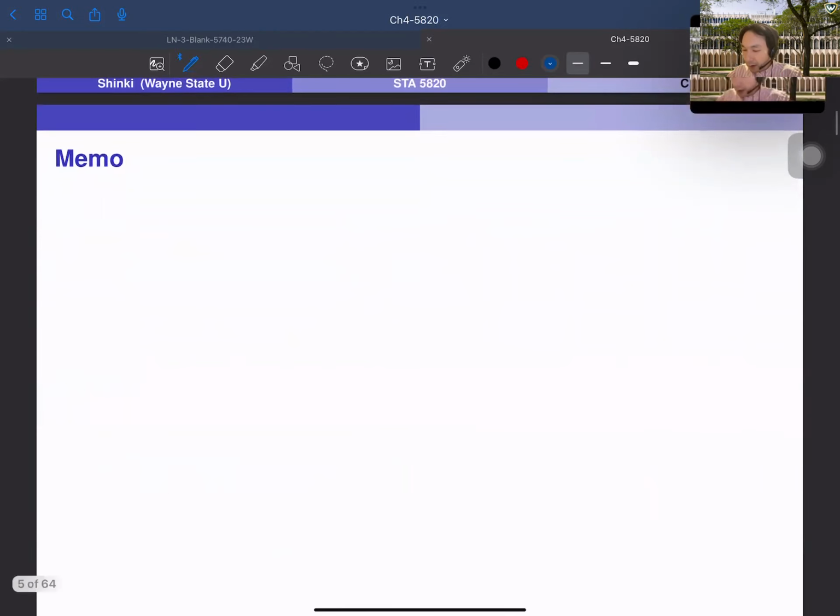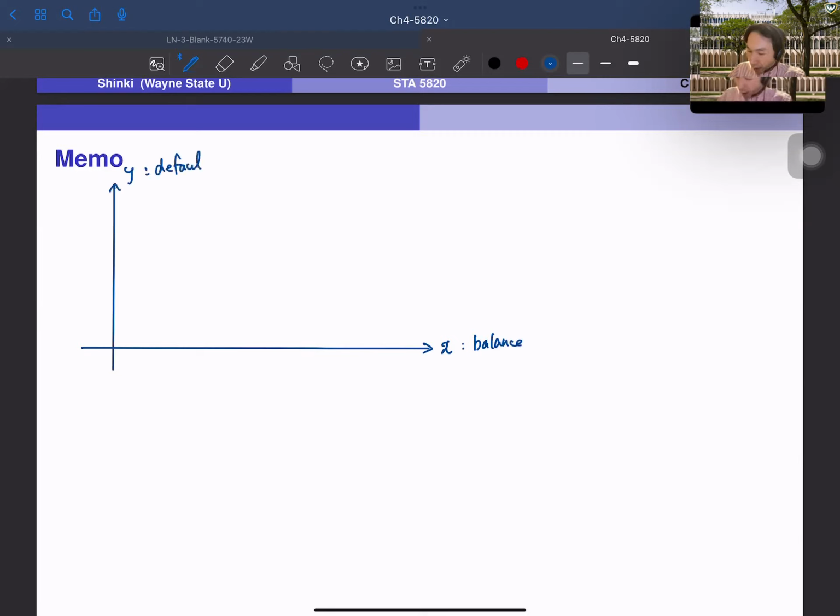For simplicity, we have just one X predictor, maybe balance, and Y is the default status. Default is 1. Then the only possible Y values are 1 or 0. So the observations are probably like this.